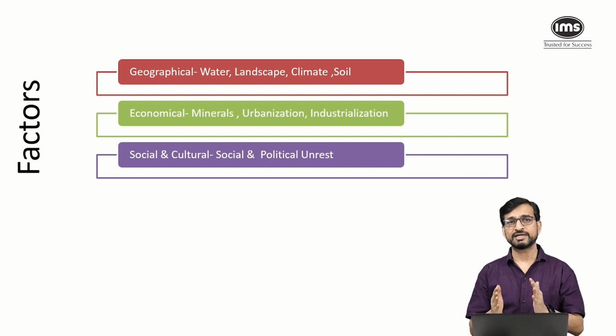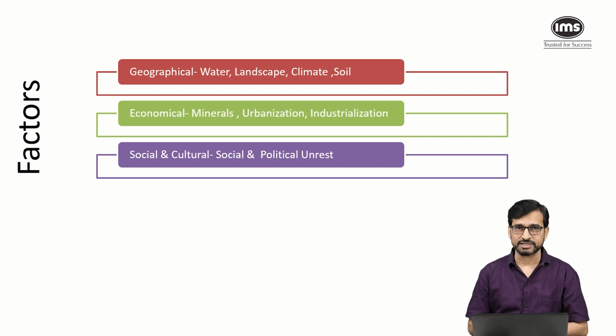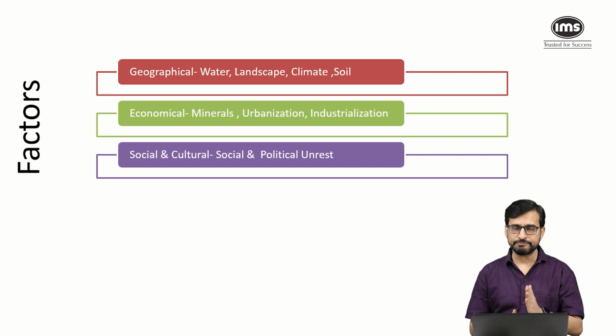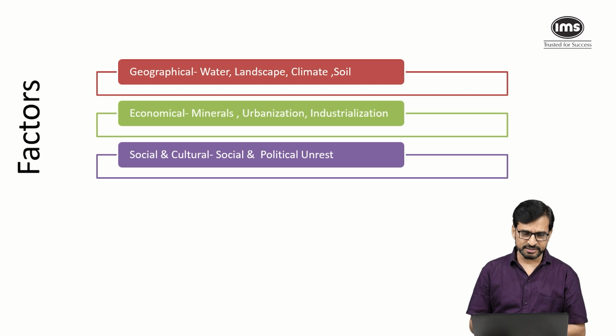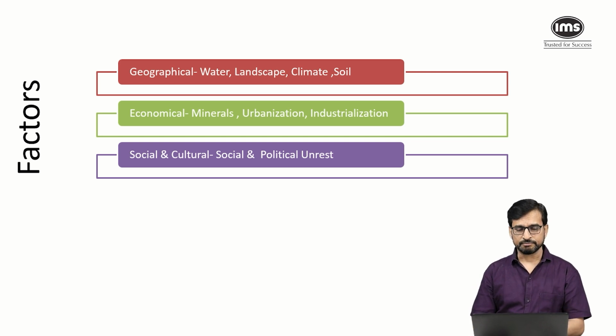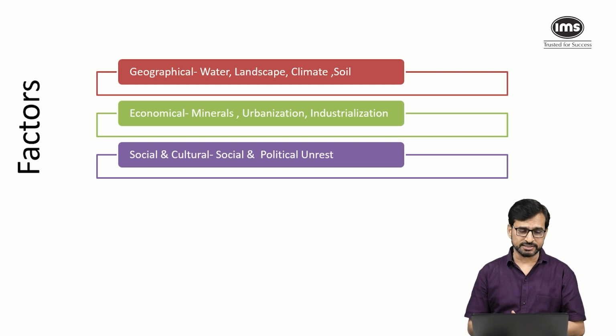So for our understanding, as a chapter of population, people especially, there are three major factors, which may be componented by other factors: water, landscape, climate, and soil in geographical factors; minerals, urbanization, and industrialization in economical factor; and social and cultural factor as well.